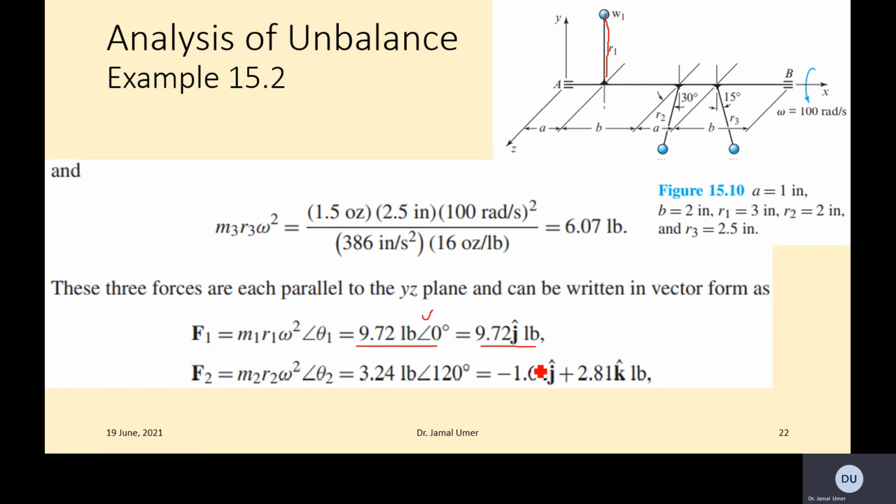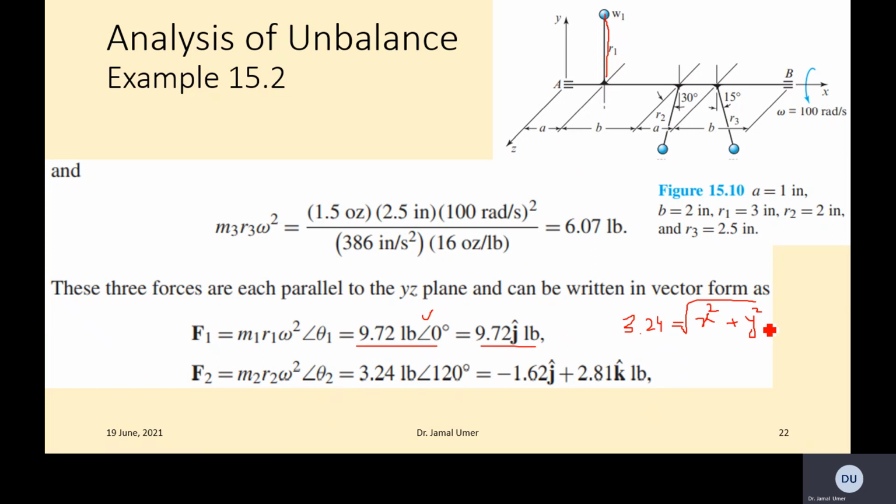For example, in this one, the magnitude is 3.24. So 3.24 is equal to the magnitude of x component plus y component, both squared. When you have two together, you need to work out x and y from one of these equations.